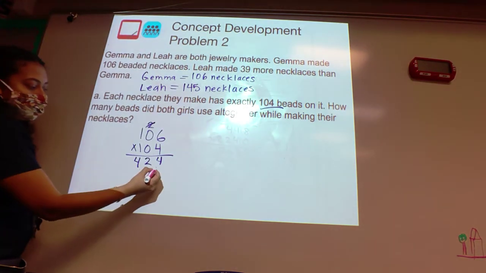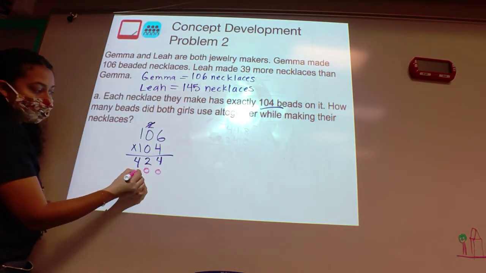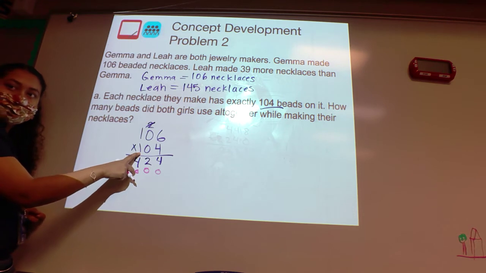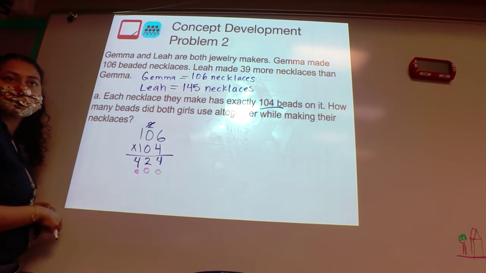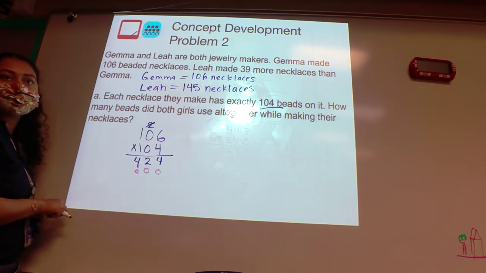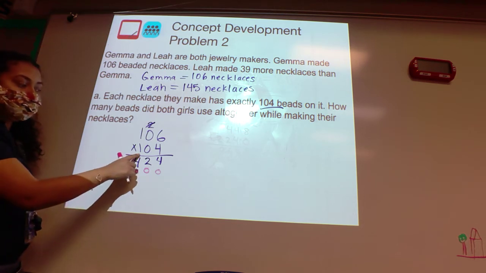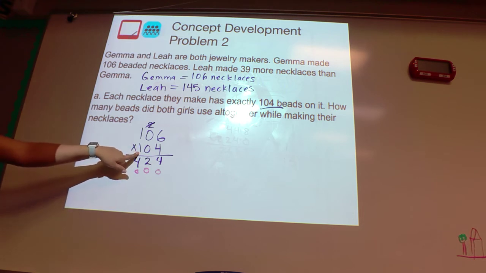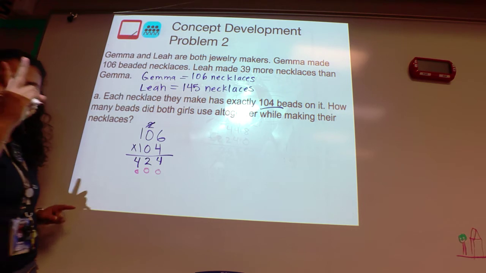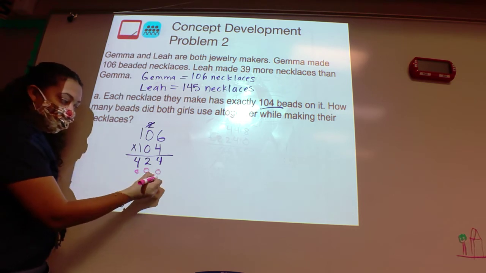Okay, so that'd be 0, right? So now we have 100 times 106. How many powers of 10 are in 100? 100 has 2 powers of 10. So first we need to plug in 2 powers of 10.